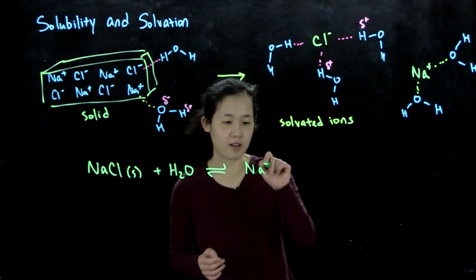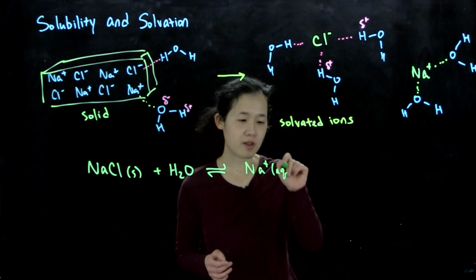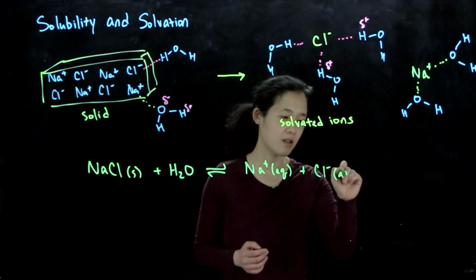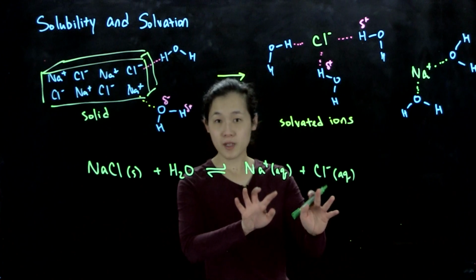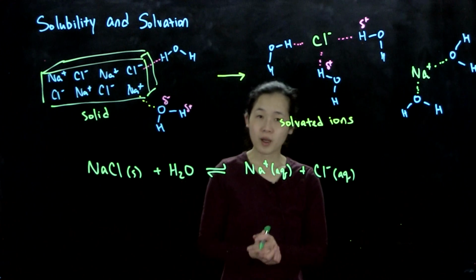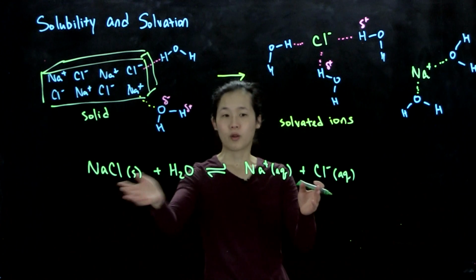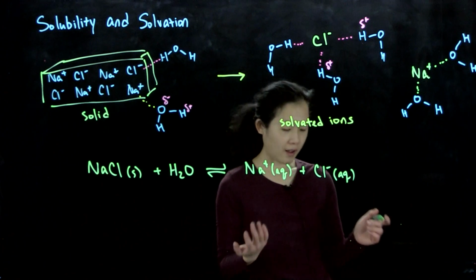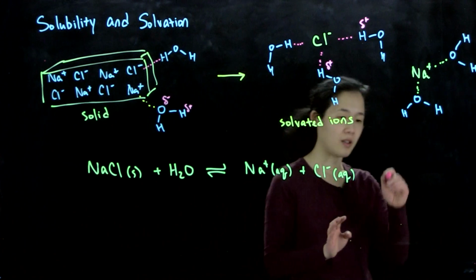Then we have aqueous sodium plus and aqueous chloride. These aqueous species are the solvated ions. So we want to think about what makes something soluble. Every salt that dissolves is going to have some sort of equilibrium constant. That's what we call Ksp.